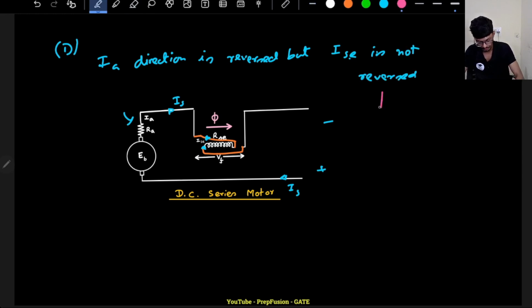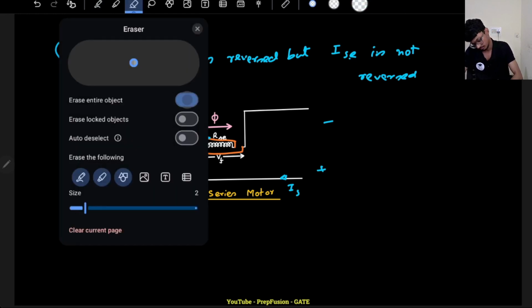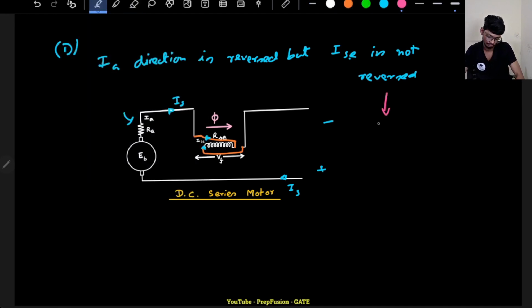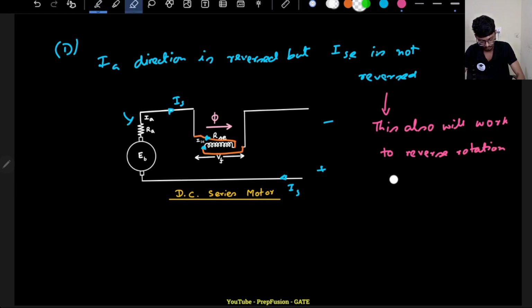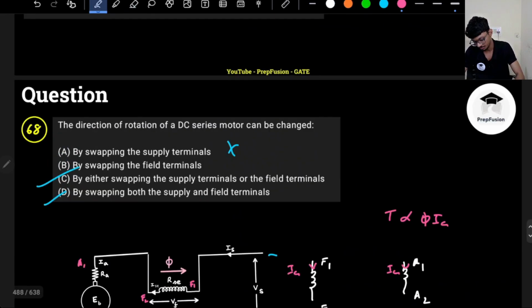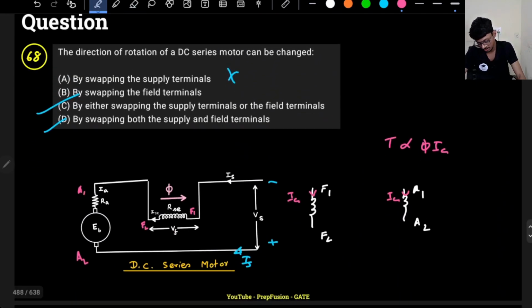So this also will work to reverse rotation of the motor, right? So both option B, C and D are absolutely correct.